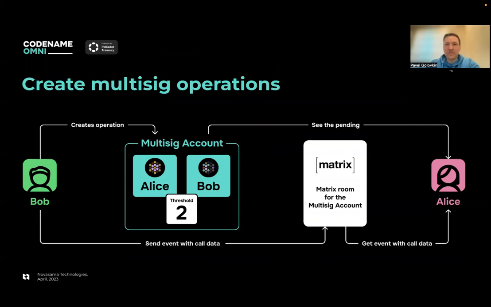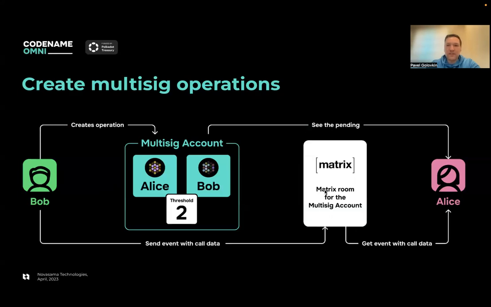So before we start, let me quickly remind what a multisig is and how we are going to use Matrix in it. The multisig account is an account that is controlled by 2 or more other accounts. Like on this screen, Alice and Bob control a multisig account with threshold 2. It means that at least 2 accounts have to sign the operation so that it will be executed.